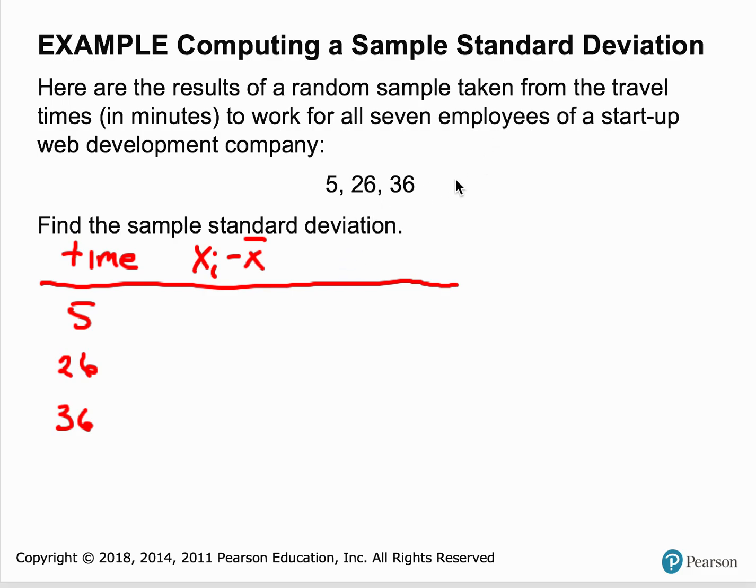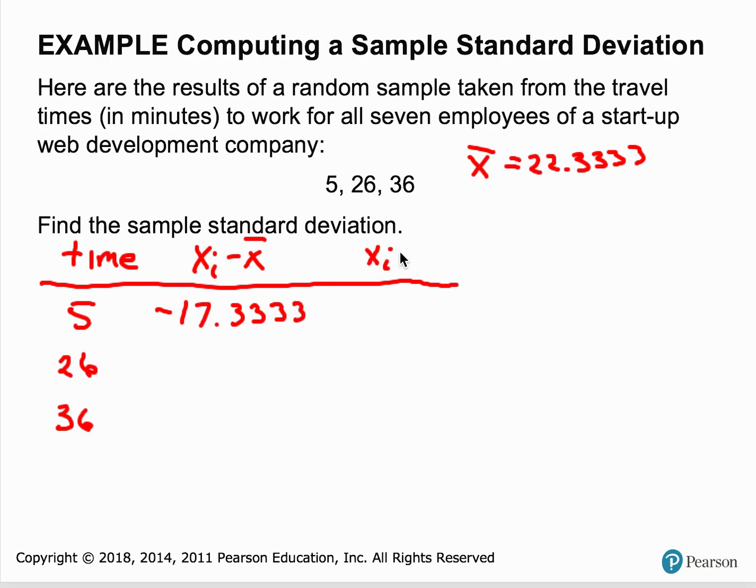The mean is 22.33. And let's leave several decimal places. All right, so we have 5 minus 22.3333, which is negative 17.3333.